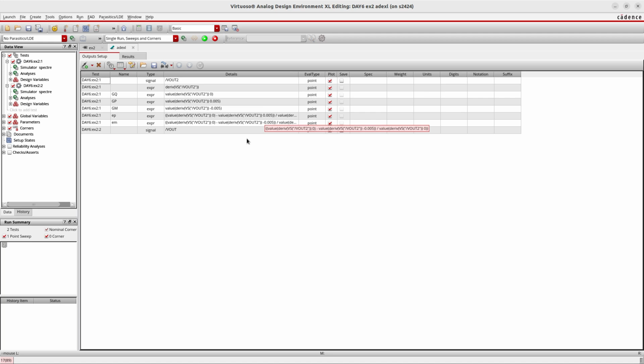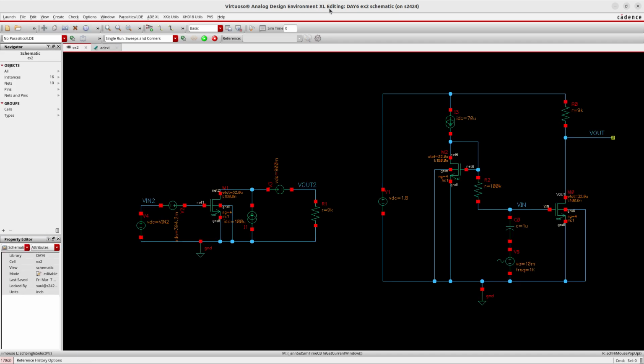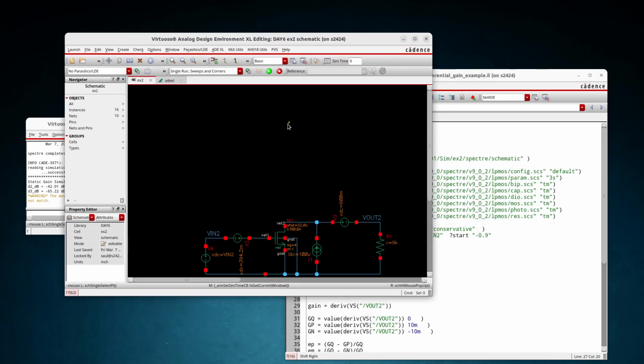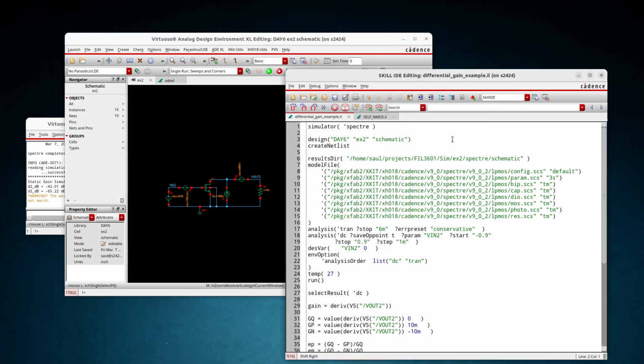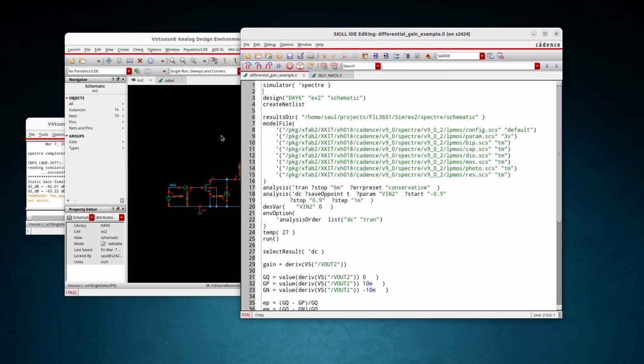And it is exactly in this kind of situation that it is much more handy to write an Ocean script to perform these same tasks. So I instead use the ADE to generate a very simple script for this simulation setup.